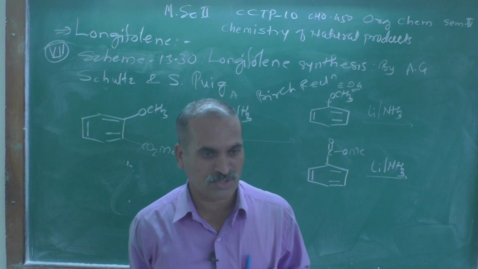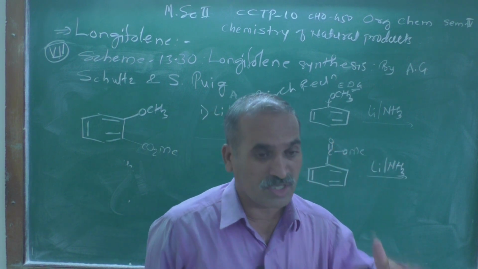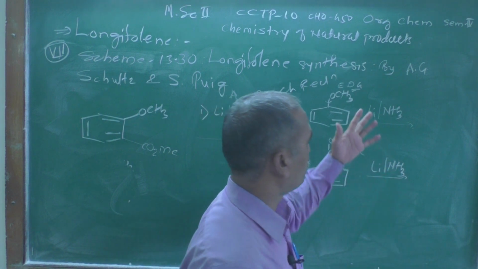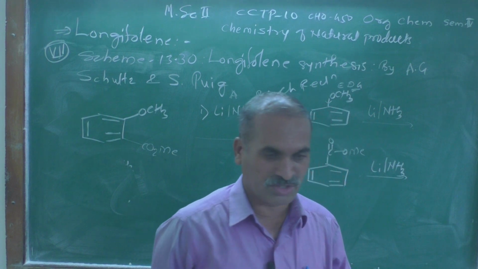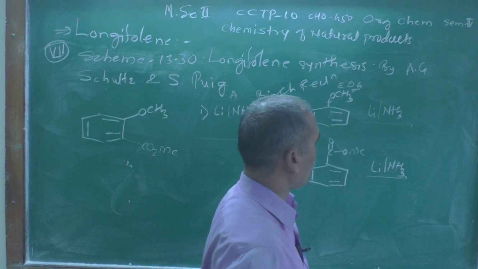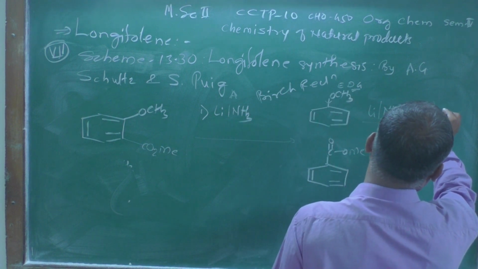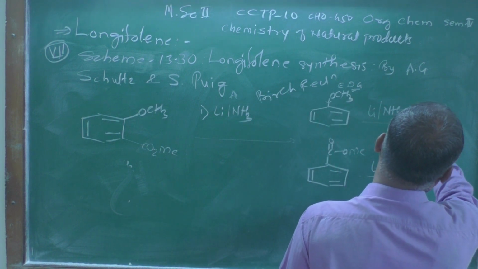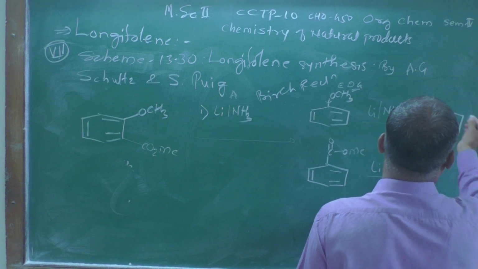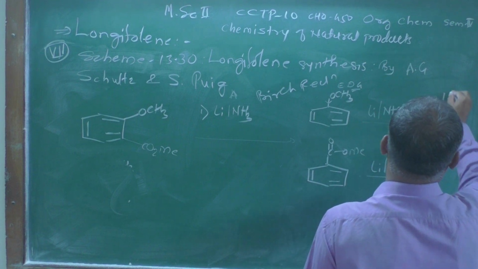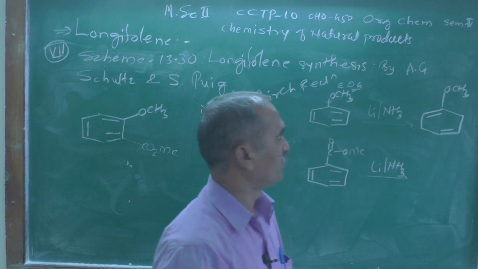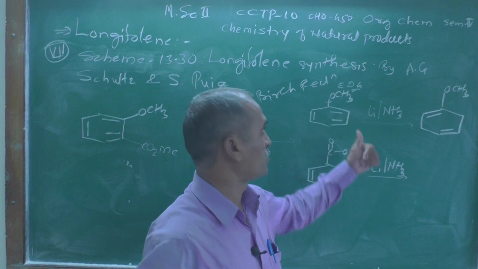When such situations are there, partial reduction takes place by the Birch reduction, and what would be the product? Look here carefully, the product should be formed like this: partial reduction, here a double bond and here a double bond, here is an OCH3. If you predict this type of product, then it is correct.